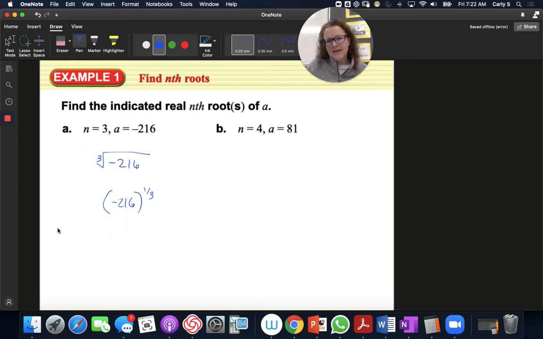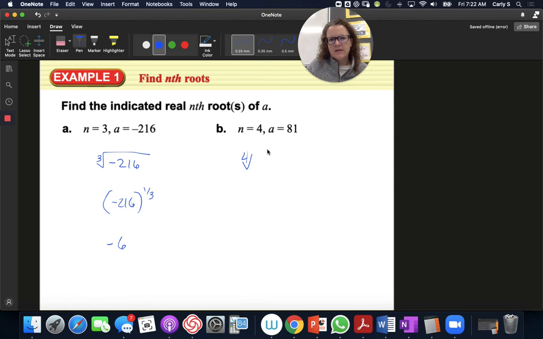You can either find the cubed root. So I'm going to hit math and arrow down until I see the cubed root. And I'm going to type in -216 and I get -6.